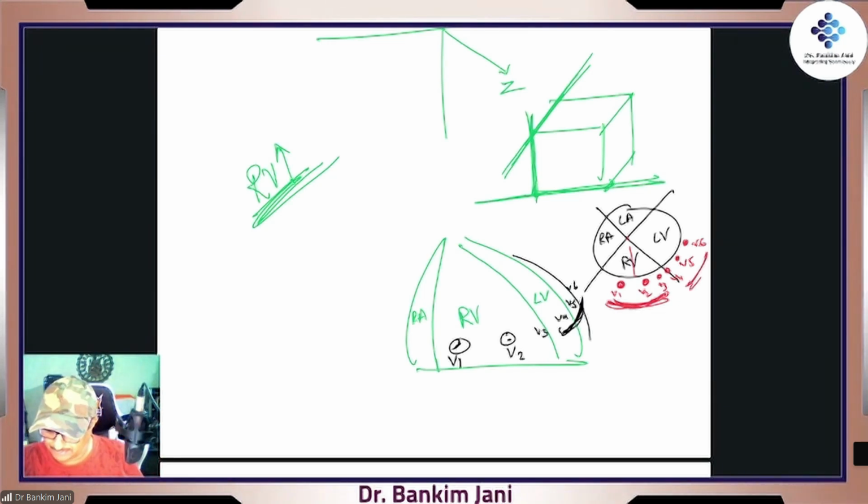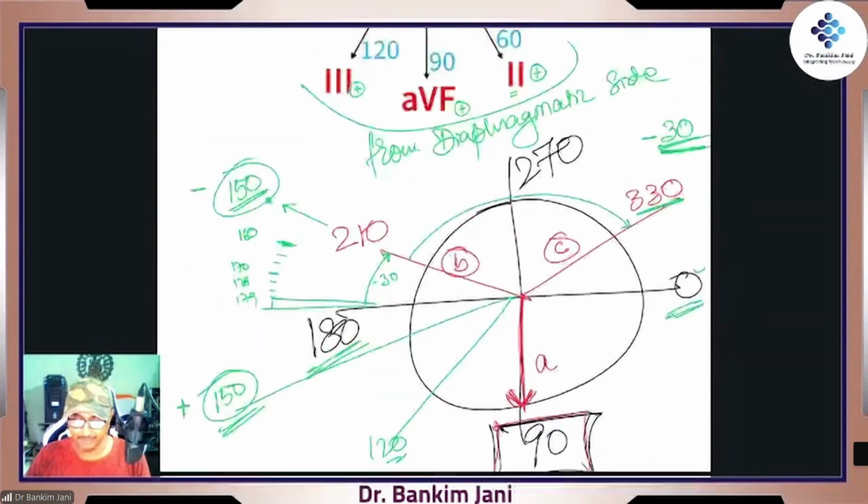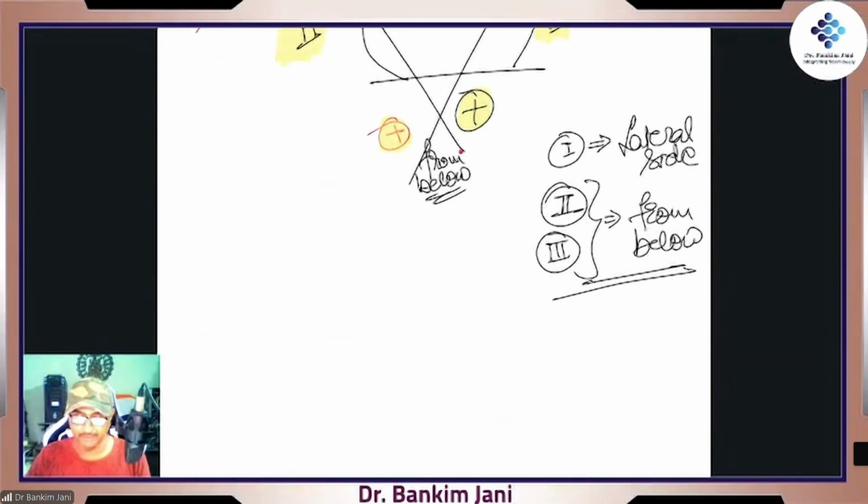V4, V5, V6 will be able to see the left ventricle more clearly, because when it is enlarged, strong signals will be coming like this. When the left ventricle is enlarged, strong signals will be going towards like this. Clear? So this would be the game of all the leads.